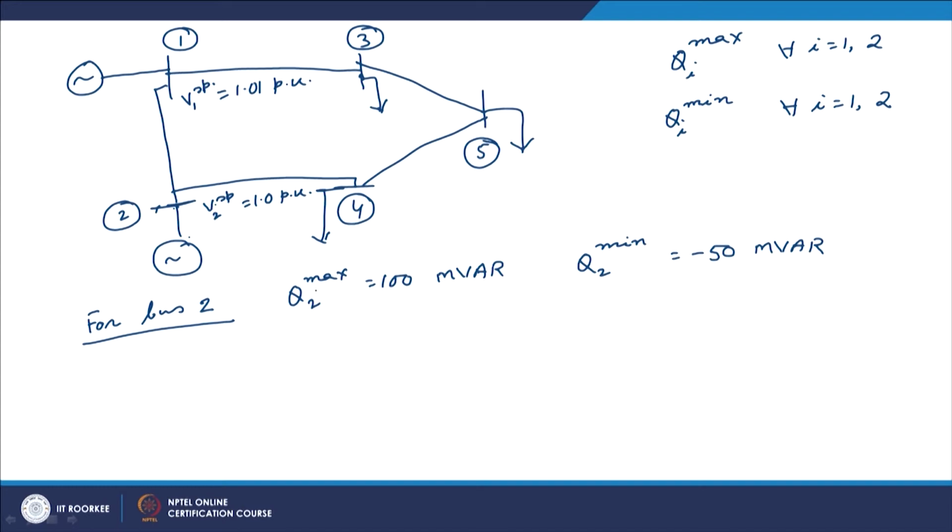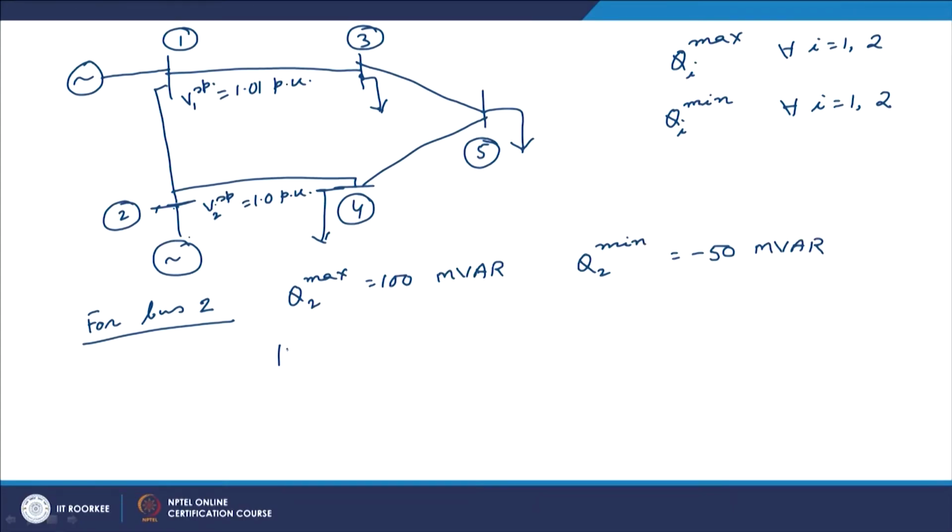Now, suppose at some particular severe loading condition, it is needed that this particular generator 2 should supply 125 MVAR to maintain the voltage at its terminal at 1.0 per unit. But because this generator has a maximum limit of 100 MVAR, it will not be able to supply 125 MVAR, it would only be able to supply 100 MVAR.